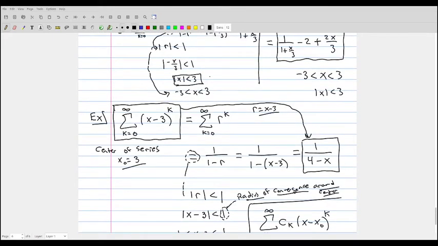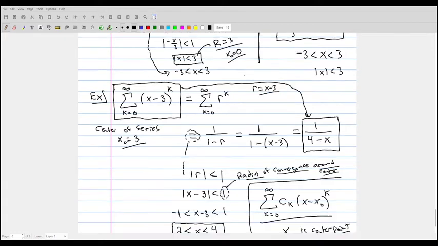So for example, in this problem right here, the radius of convergence r is equal to 3, because the maximum distance away from the center point, which in this problem is 0, that you can travel is 3.